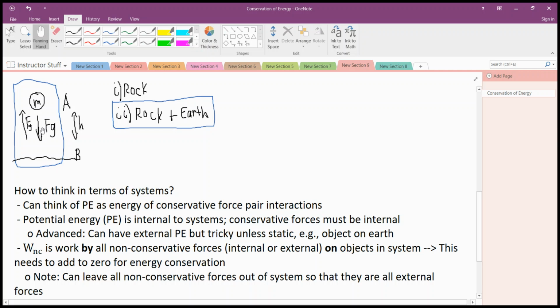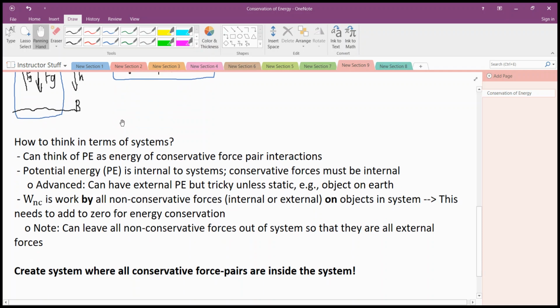It is not the energy of any one particular object, whereas kinetic energy is the energy of particular objects. So I add up all the kinetic energy of my rock and of the Earth, and I add up the potential energy of this force pair interaction, and the changes in those must be equal to zero in this system as the system moves from state A to state B.